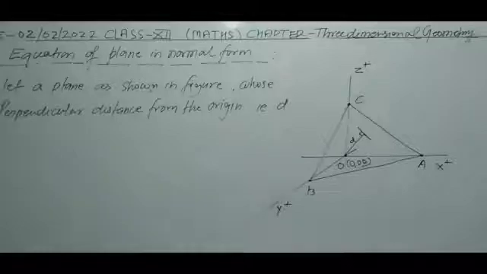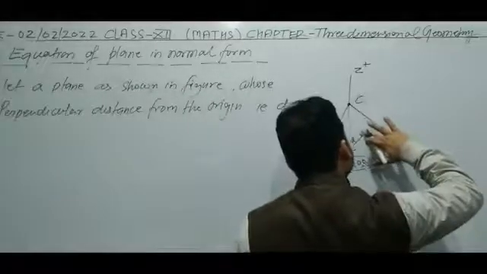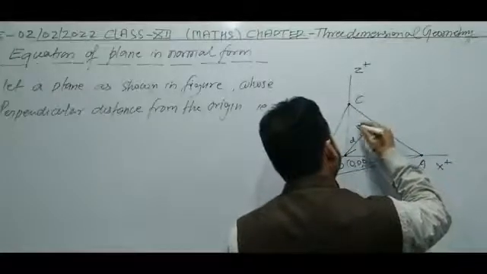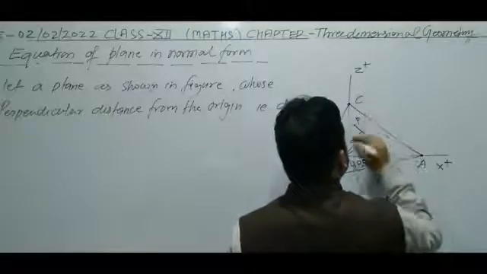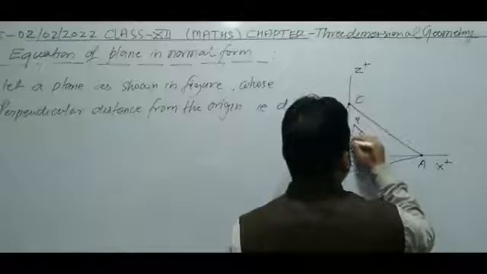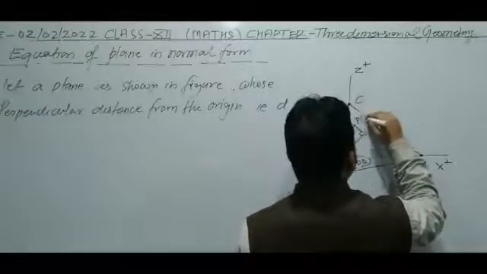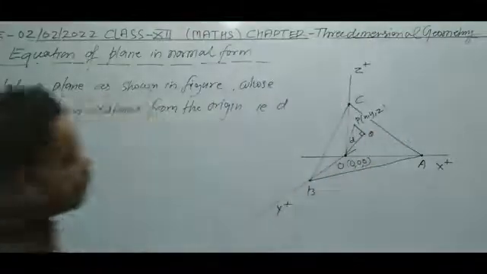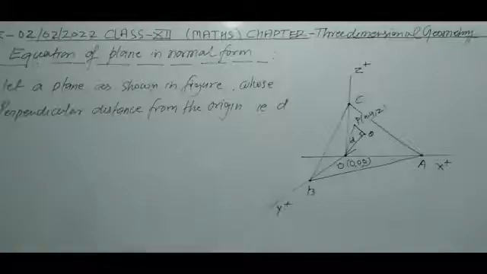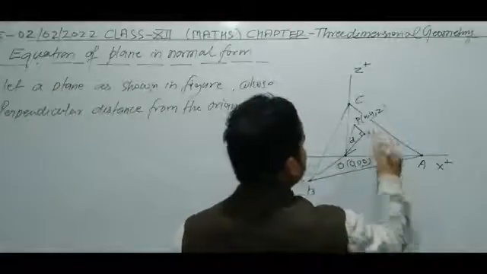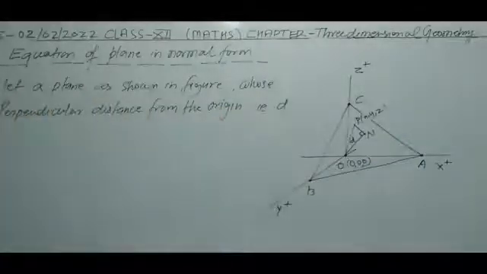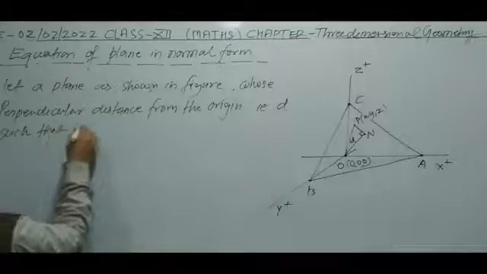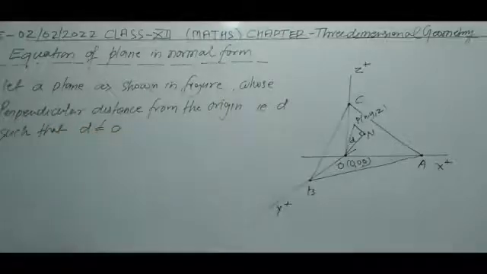And now suppose any other point P having coordinates x, y, z, and this is the point, consider Q. You can consider this is the normal, so this you can also consider ON. Now, such that distance d is not equal to 0. This is the condition.